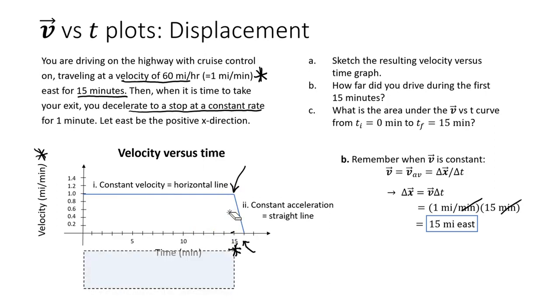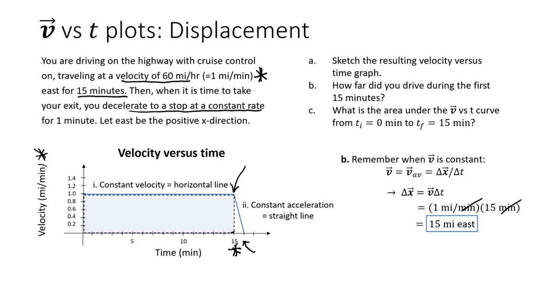I have it drawn in more nicely with a little square here. So what is the area of that rectangle? That's basically what we're asking. That's what it means when we say the area under the curve. It really just means the area between my plot and the t-axis, the horizontal axis there. Okay, and so how would I calculate that out?